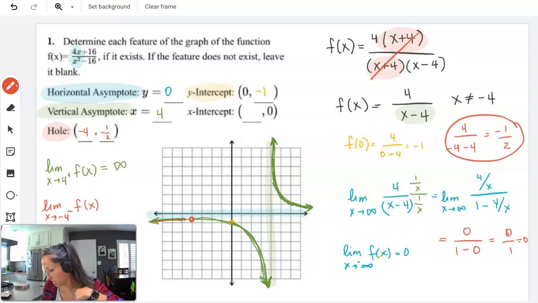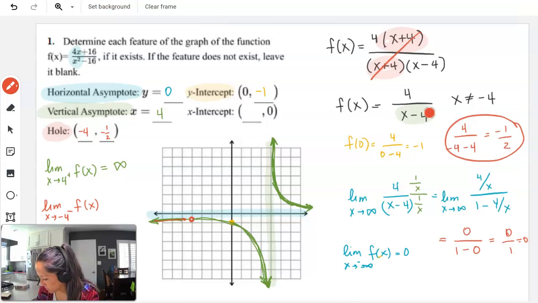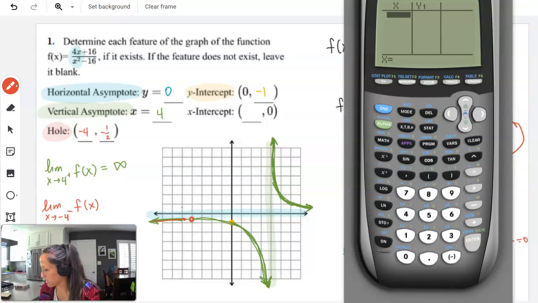But let's just see it in the calculator. So again, we're going to come from the left. So that means we're going to start with something, let's even try -5 as our first value. It's definitely to the left, -5. Okay. Let's get closer. -4.5. Let's get closer. -4.9.